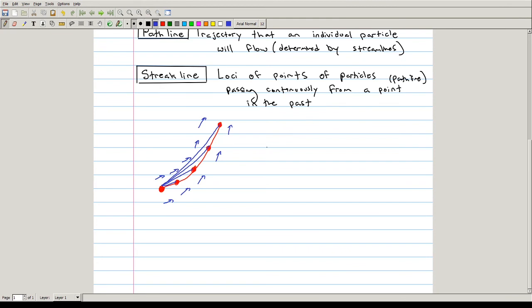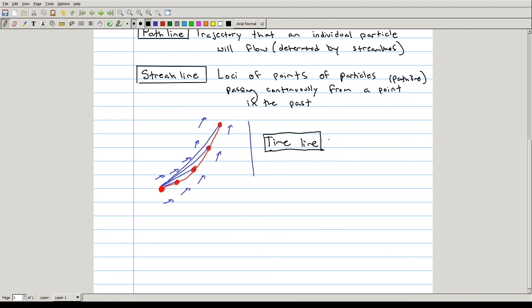A timeline is an example of one. You can think of a timeline as a collection of path lines.